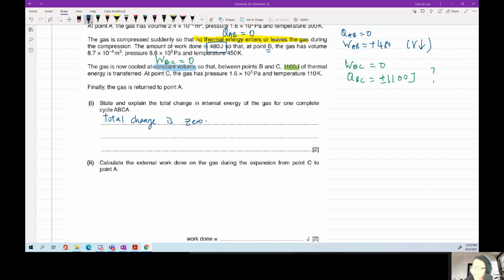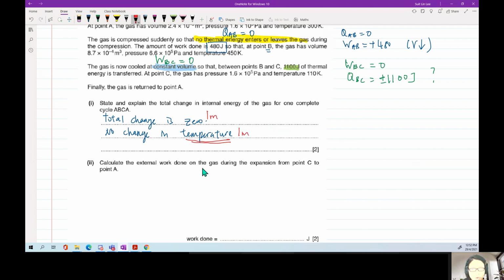If you want to explain why, it is because there is no change in temperature. Don't say it returned to original condition, because you are not clear about what condition you are talking about. Please use temperature. That is 1 mark. Then you say there's no change, or the change is 0, 1 mark.